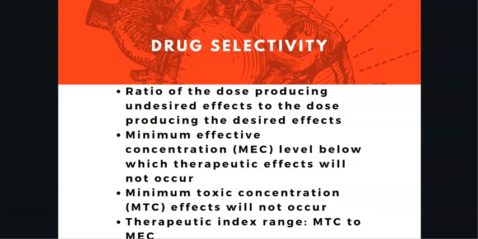So when you're selecting a drug, think about the ratio of the dose producing undesired effects to the dose producing the desired effects. So you want to consider the minimum effective concentration, which is the level below which therapeutic effects will not occur, and the minimum toxic concentration.